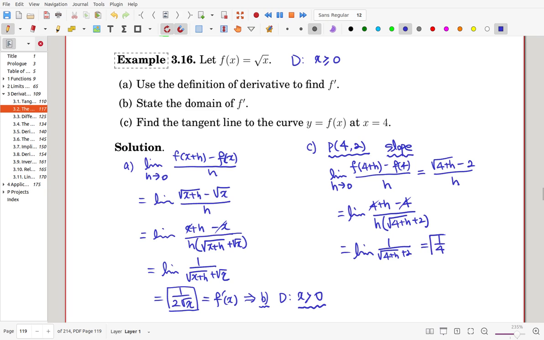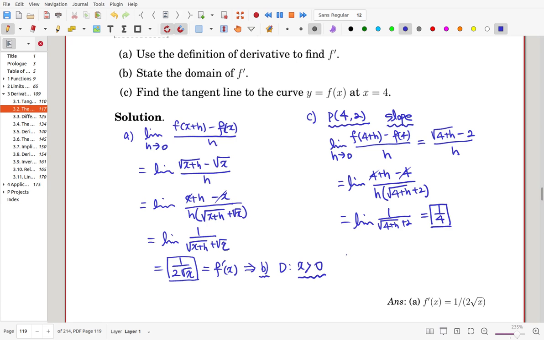Okay, so the slope is 1 over 4. And so we can get the tangent line, and we already know the point. So here y minus y0, which is 2, equals the slope times x minus x0, which is 4. So that is the tangent line. You can simplify if you want.